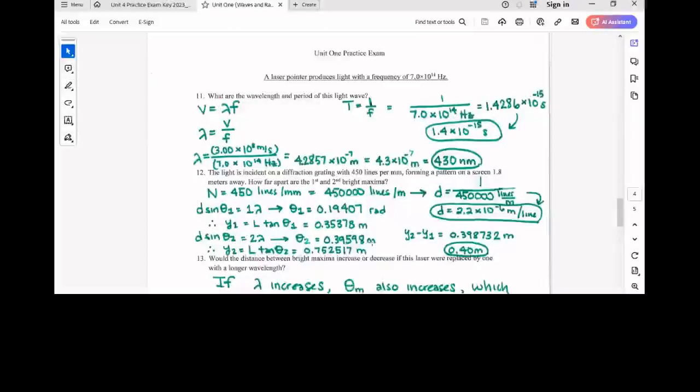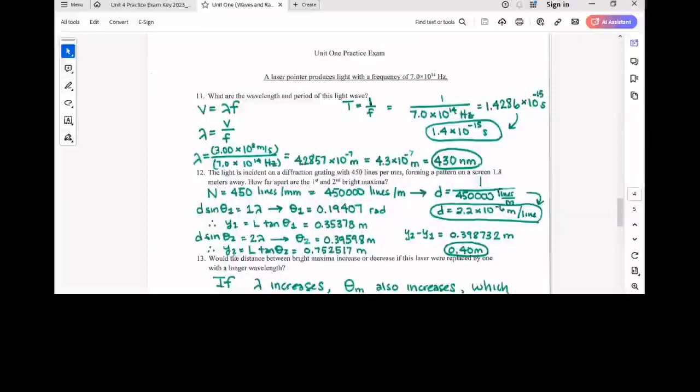So I've got the two angles. I can now switch to the equation y sub m is equal to L times tan theta m. I'll do it once for m is equal to 1, again for m is equal to 2, and I end up with 0.35378 meters for the position of the m is equal to 1 bright maximum or bright fringe.